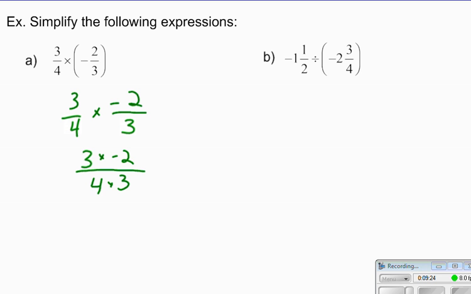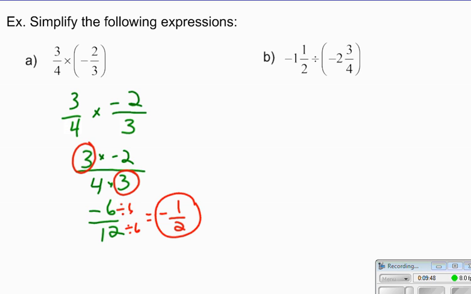I might not show that step, but you might need it to help you remember what you do. We get -6 over 12. Okay, that's nice. I notice that I can divide them both by 6, and I get -1/2 in lowest terms. The other thing you might have noticed, if we go back a step, is that there is a 3 in the numerator and a times 3 in the denominator.